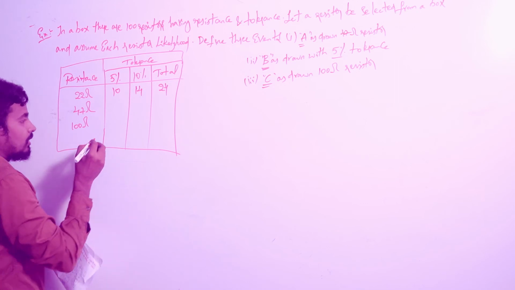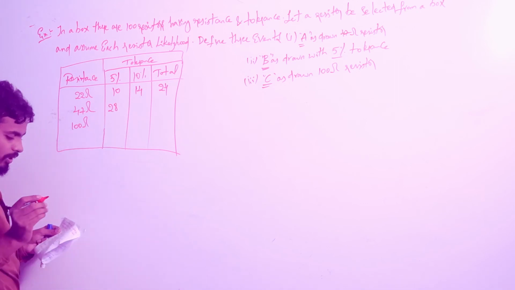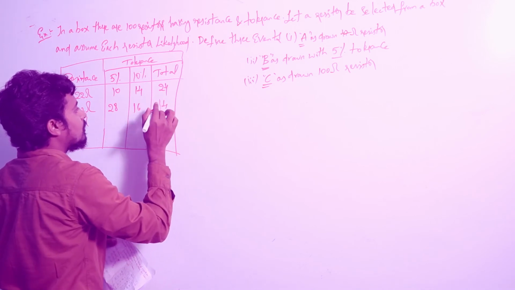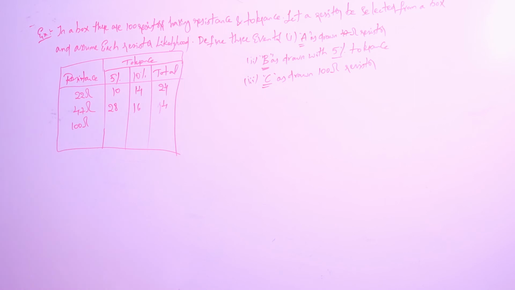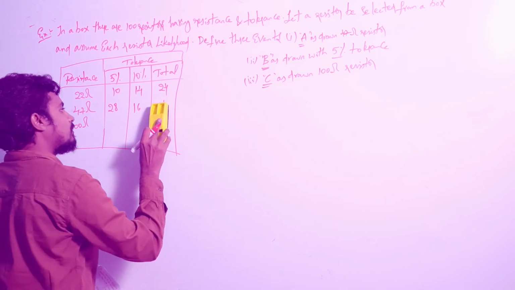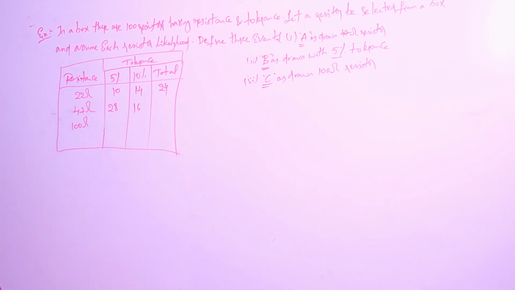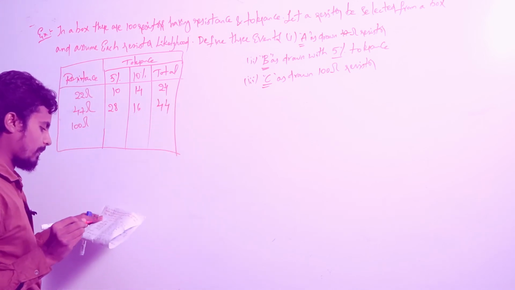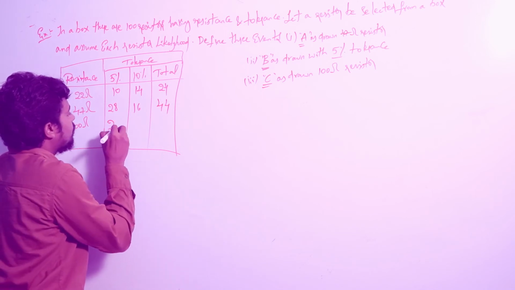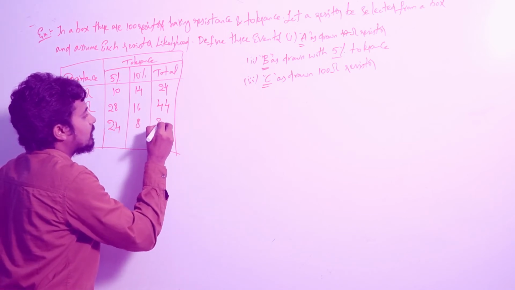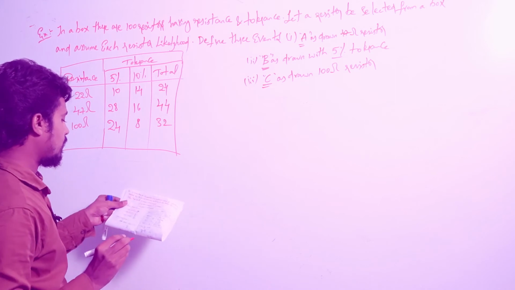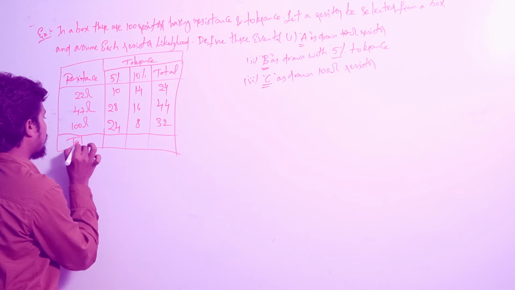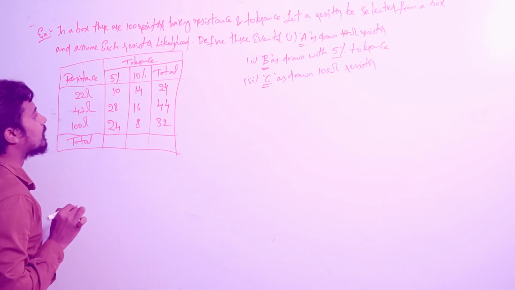For 47 ohm, they will be given 28, 16, 40, 44. Next, 24, this will be the 8, you will get the 32. Total, this will become the 12.